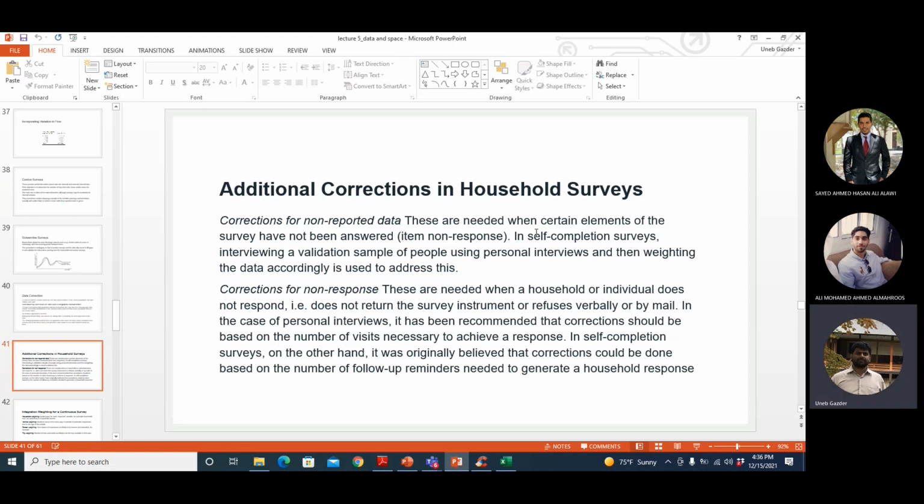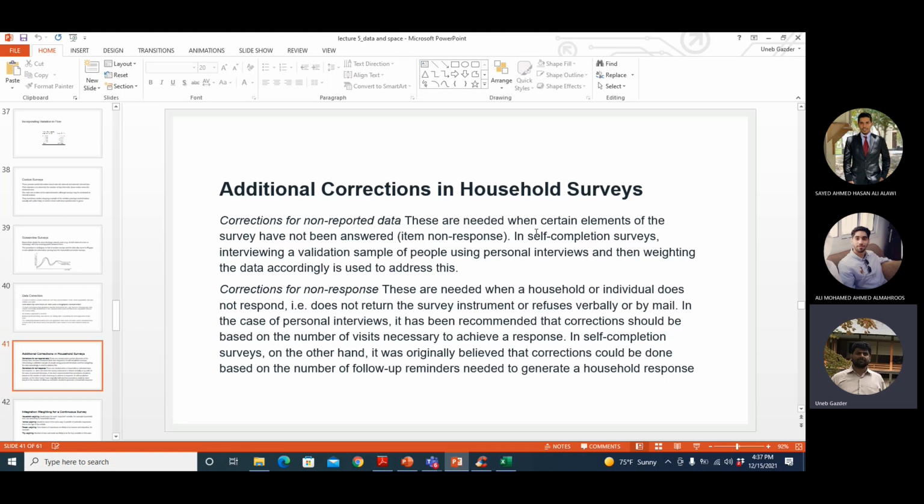For example, in your survey data, you may have only responses from males, or if Safa was doing the survey, she may only have responses from females. Males didn't answer because of convenience, because of who is talking to you, and so on and so forth. So there can be certain individuals or households who did not respond to your questionnaire.